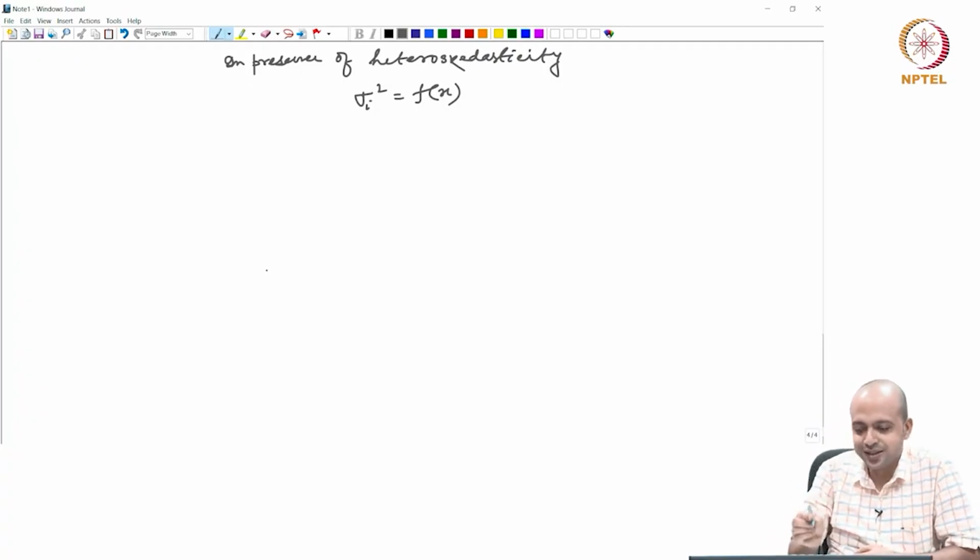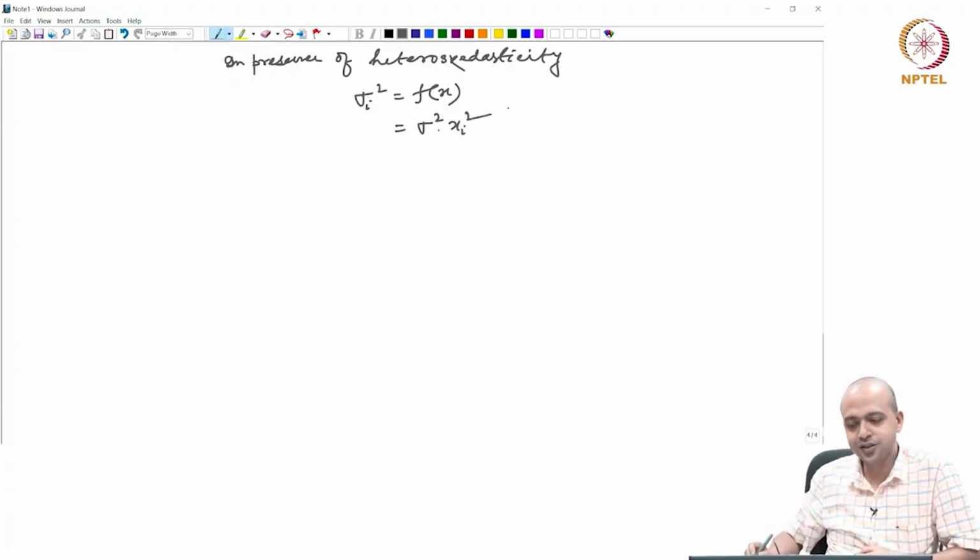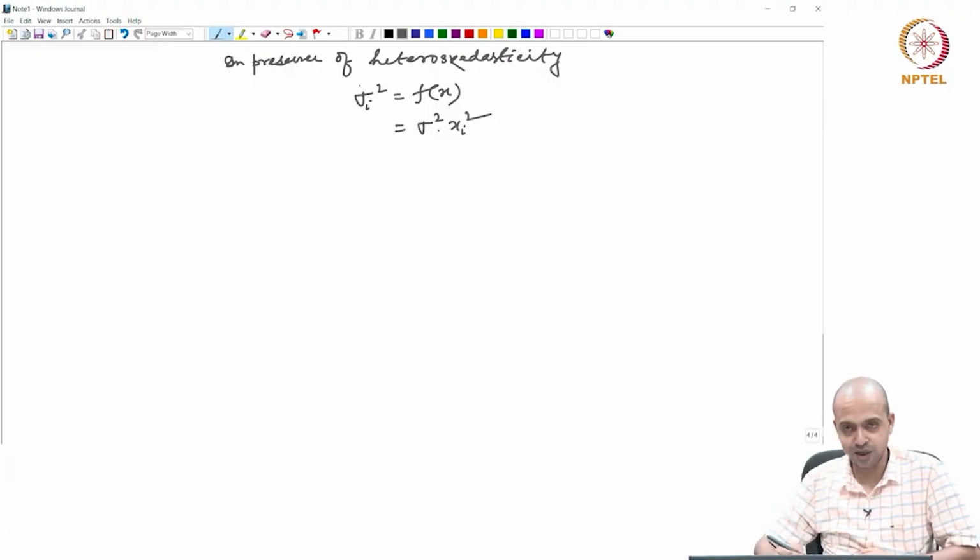For example, let us say that I have assumed this type of functional form, sigma square into xi square. This is a specific functional form I have assumed between sigma square i and x. So, sigma square, a constant factor, multiplied by xi square. As x increases, you can understand how sigma square i will behave.